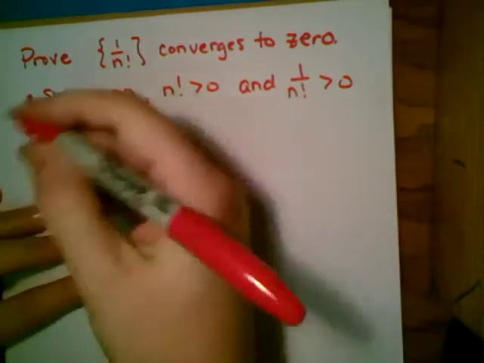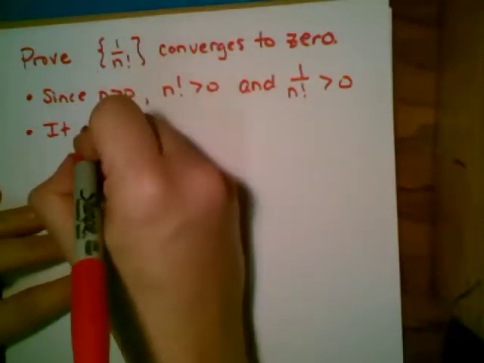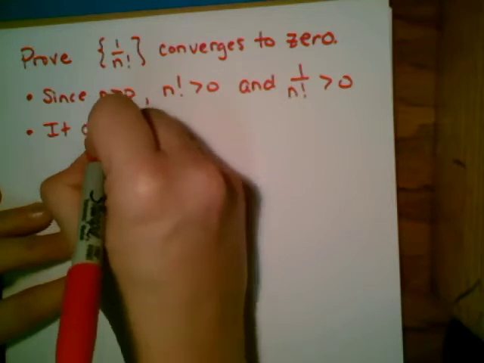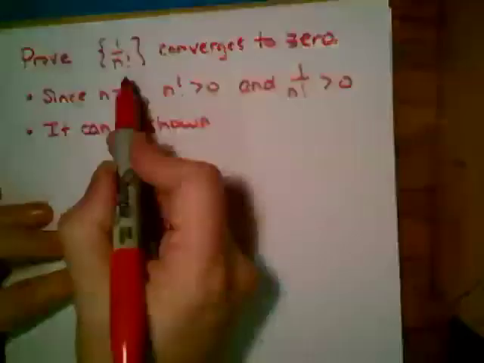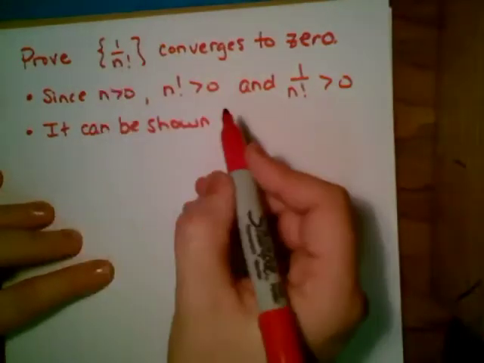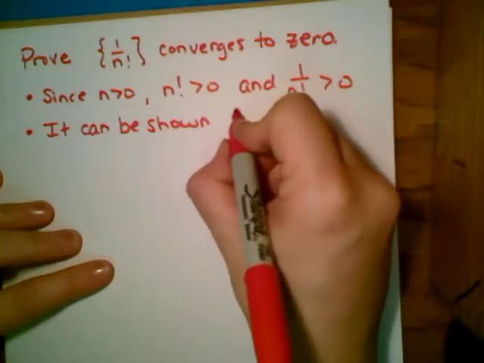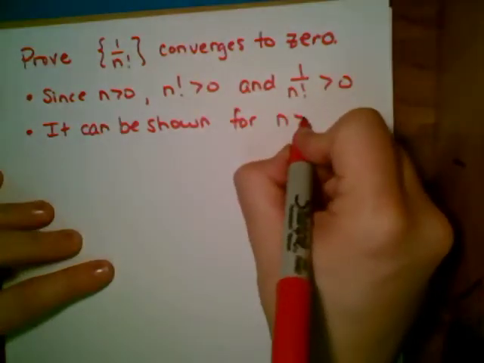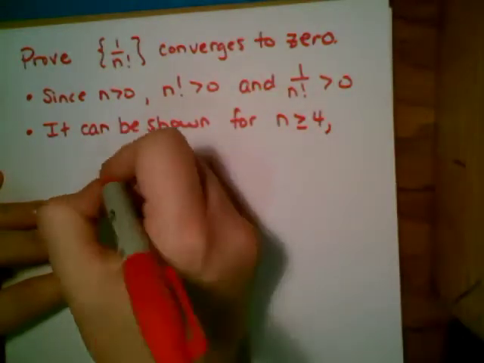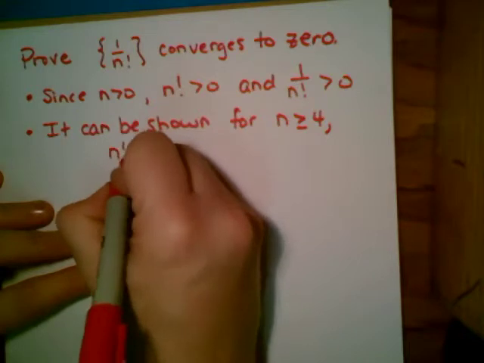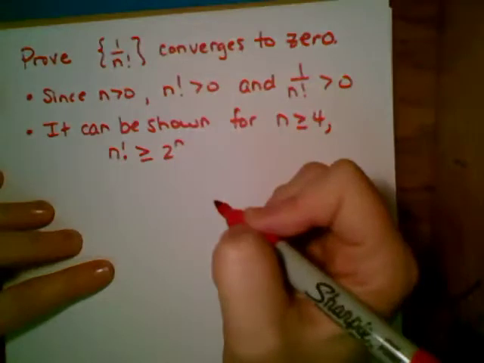And in most Calc 2 classes, it's shown by induction. This is the standard way of showing that 1 over n factorial is bounded. It can be shown that for at least n greater than or equal to 4, n factorial is greater than or equal to 2 to the n.